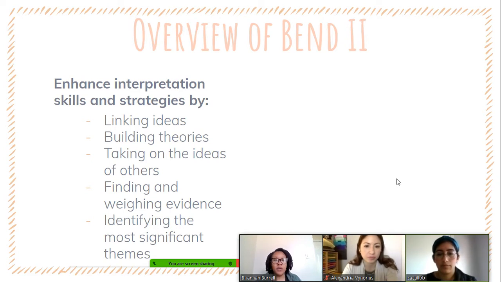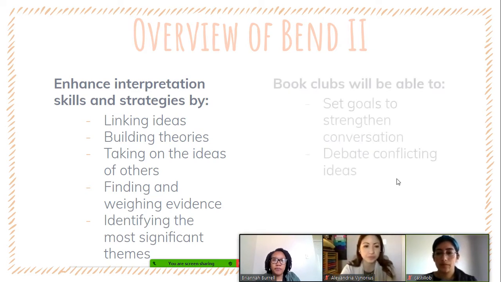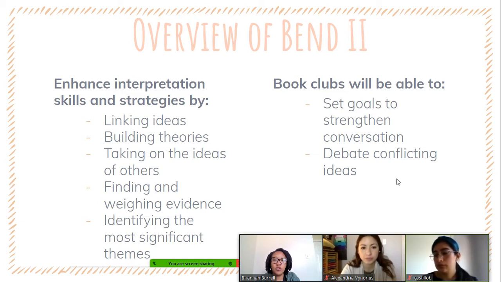Another thing that's really huge in this unit is having students find evidence and weigh that evidence to figure out which one strongly supports the ideas and theories that they are connecting, and also identifying the most significant themes. Your book clubs will also be able to set goals to strengthen their conversations, and they're also going to debate conflicting ideas at the end of this bend.